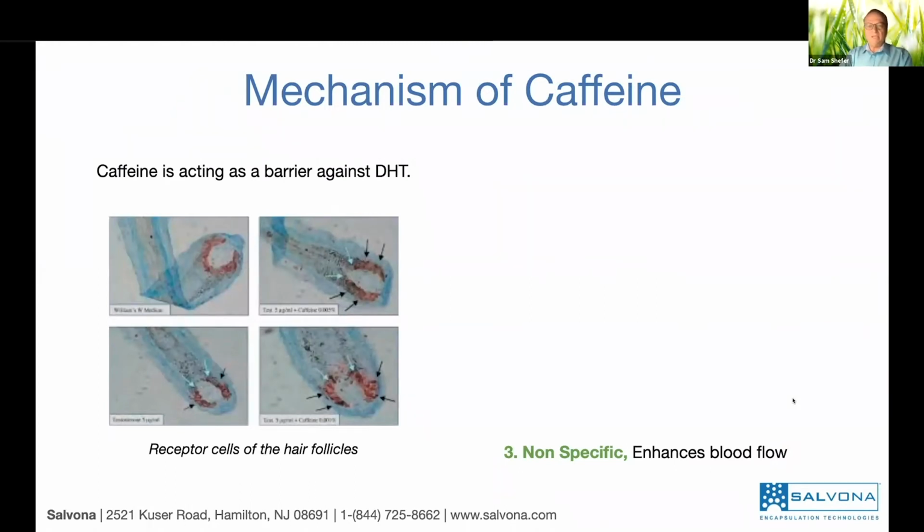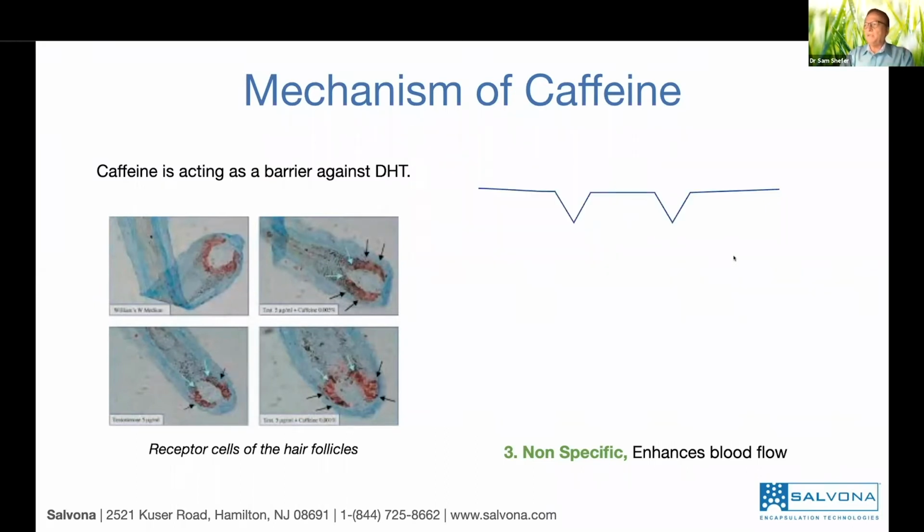Here is some more data to explain how caffeine actually works. I take you directly to the conclusion because we don't have much time: caffeine acts as a barrier against DHT. In other words, the process, simplified, is like this. Imagine this is the membrane, the cell layer around the stem cells. This is where the stem cells are. Imagine these are the receptors, and you expose them to DHT.